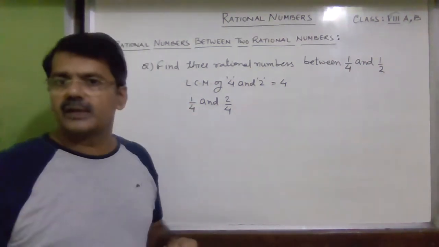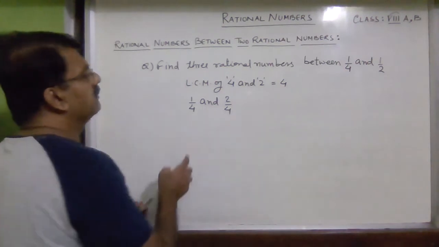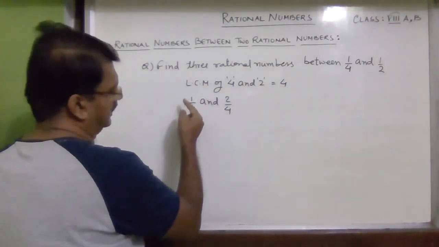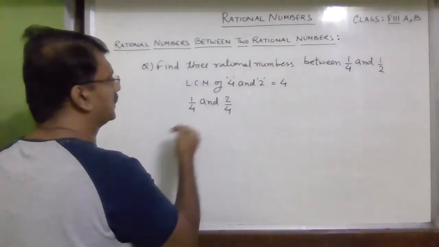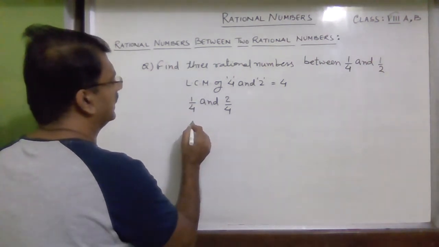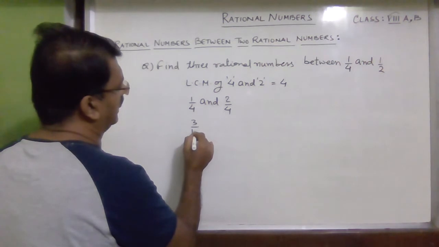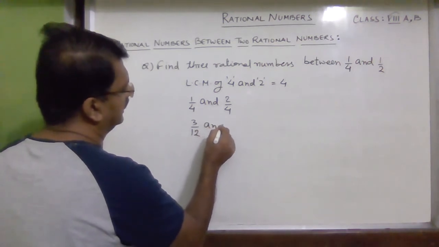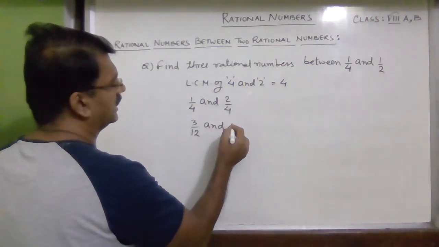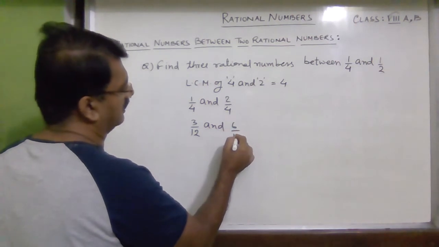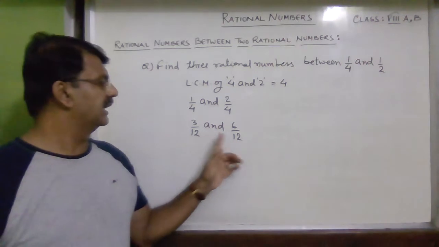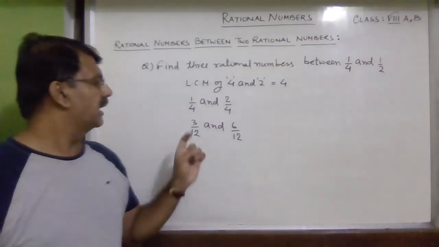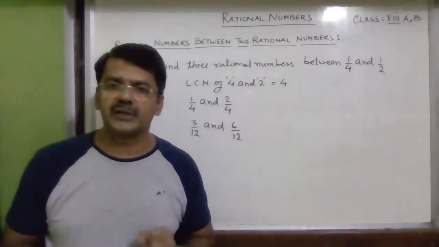But to make our calculation easy, we multiply the numerator and the denominator by say 3. So it is 3 upon 12, and here also you multiply it by 3, so 6 upon 12. Still you can see the denominators are same, but in the numerator we have 3 and 6.